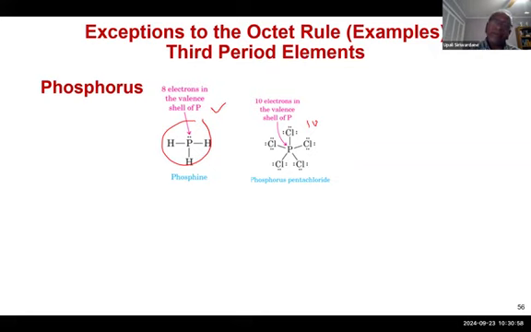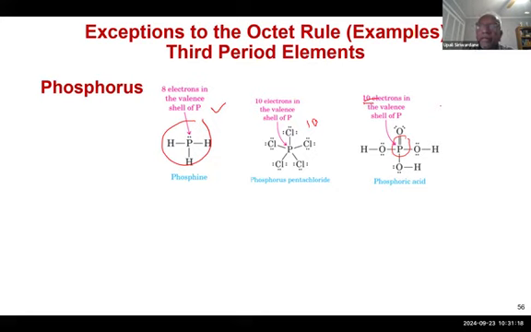Octet is the normal Lewis description, therefore 10 electrons is the exception. If you look at this one, this also has 10 electrons. If you count around here, 1, 2, 3, 4, 5 lines, 5 times 2 is 10.